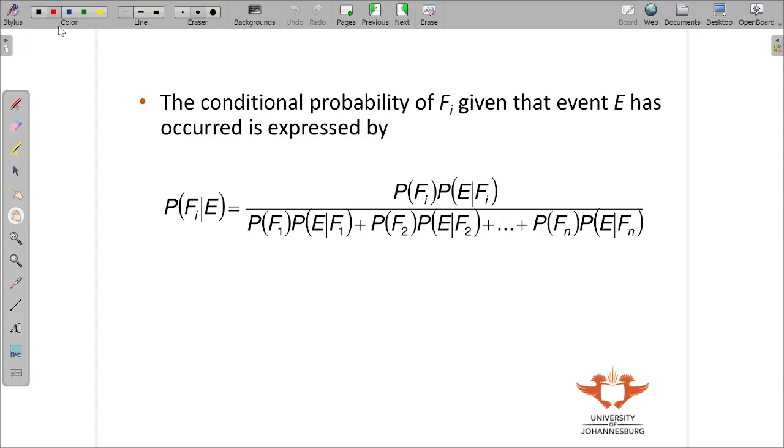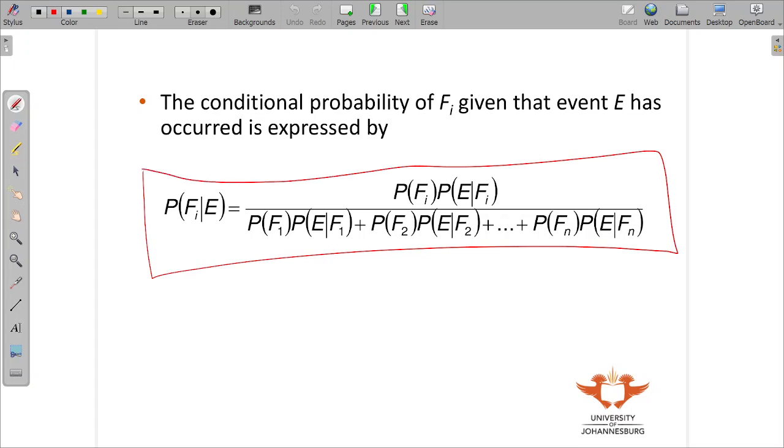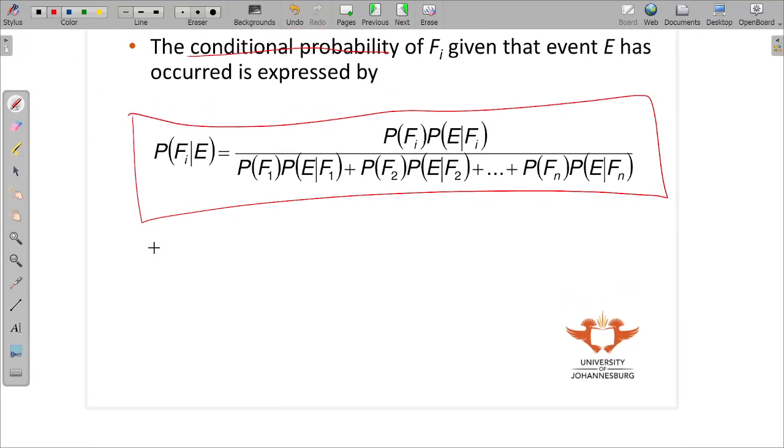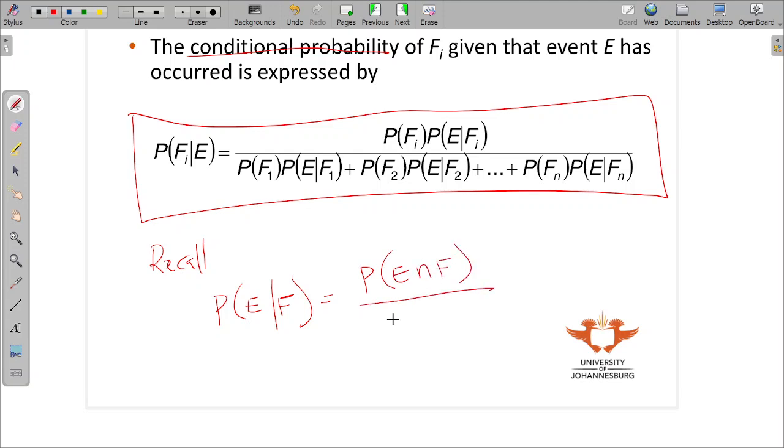Before I explain this formula for you, we learn about the conditional probability. Let me quickly recall: the conditional probability of E given F is the probability of E intersect F over the probability of F. You know that before.